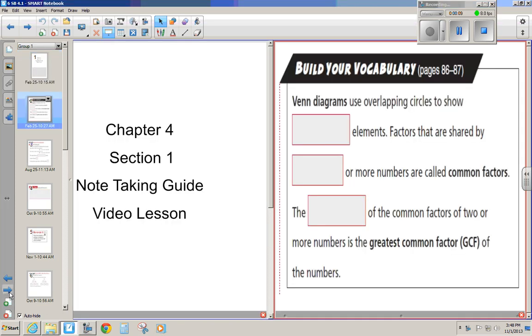So, to begin, you have Venn diagrams. They use overlapping circles to show common elements.